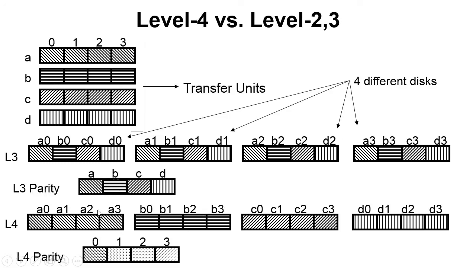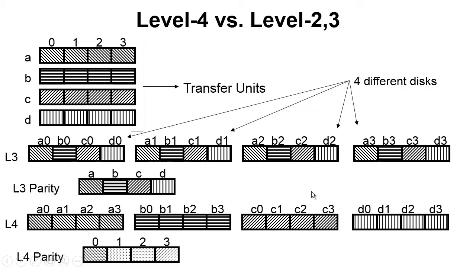But in the case of level 4, you are doing block interleaving. So, one byte will be kept in only one disk, and the second byte will be kept in the second disk, and so on. So, while you are calculating the parity, you calculate the parity bit over the first bit of the first byte, the first bit of the second byte, the first bit of the third byte, and the first bit of the fourth byte.